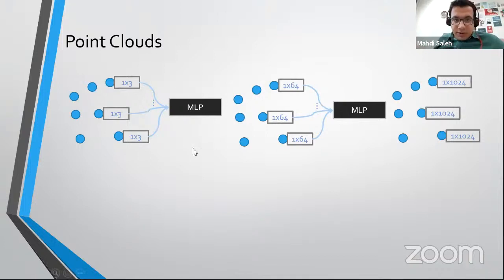These are symmetric functions. One way to process point clouds is using such functions. This is simply using an MLP. You can process each point and increase its dimension up to a higher dimension. You can do the MLP using a conv1D with kernel size 1.